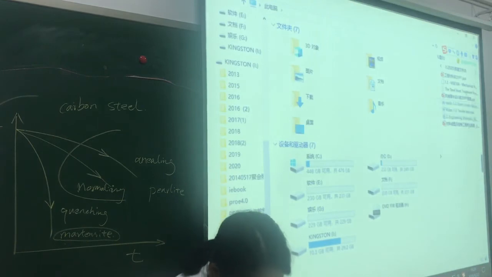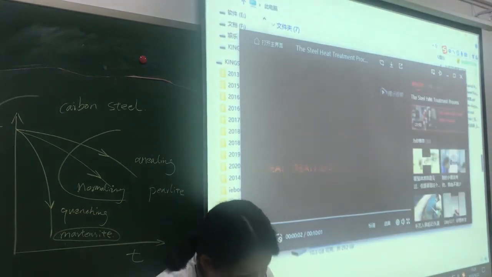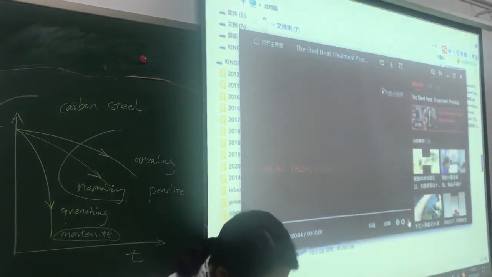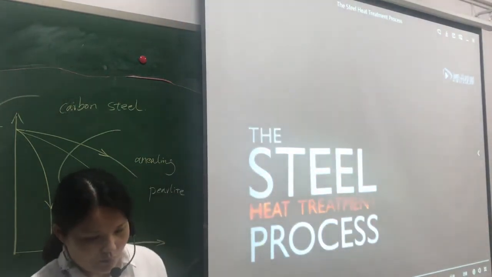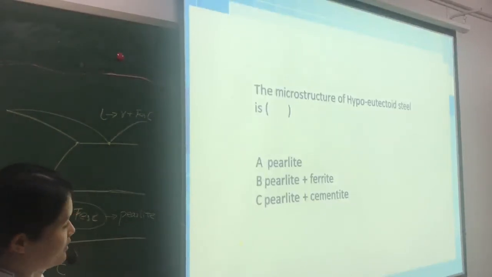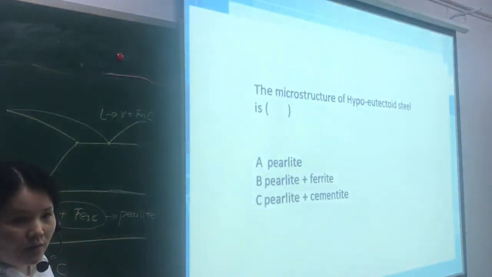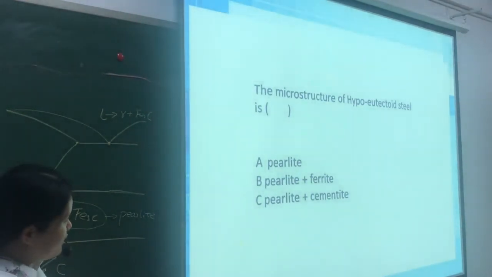Let's say a medium first. Hypoeutectoid steel is perlite and ferrite.